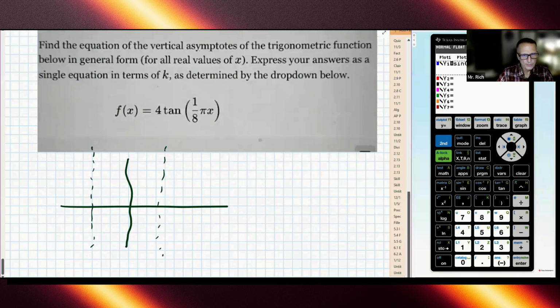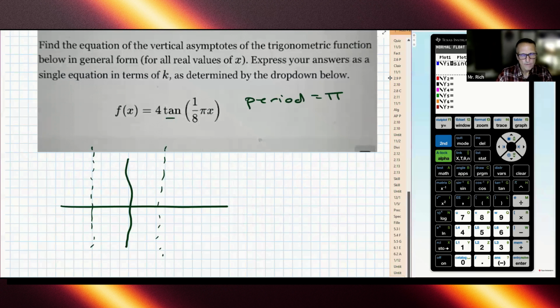That's going to be true here because there is no horizontal shift. So the only thing I really need to know here is the period.